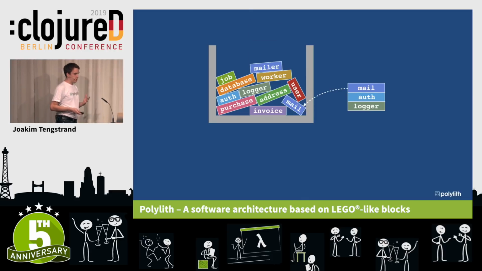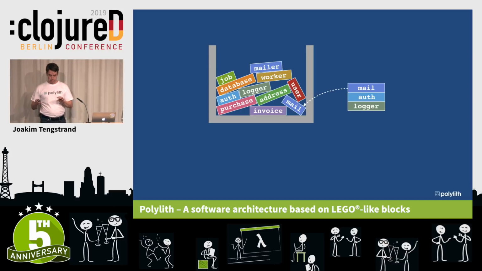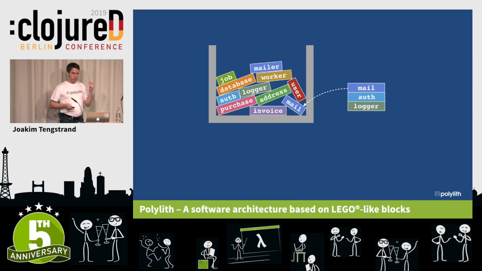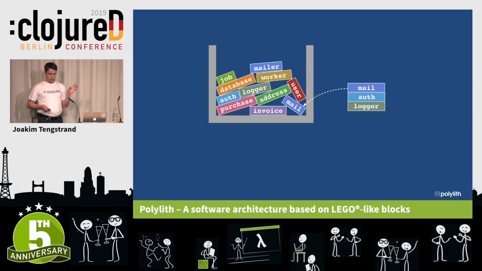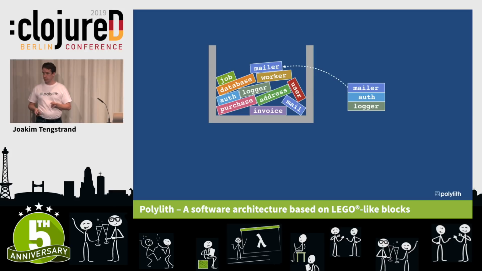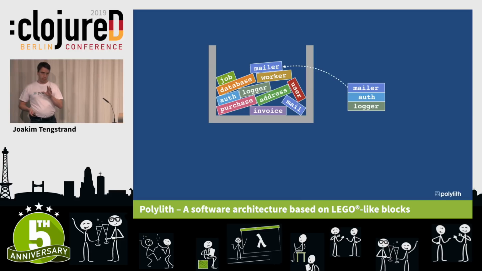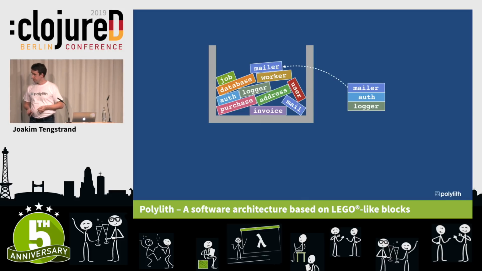The cool thing with Polylith is that this interface namespace that I talked about, we can implement in another component, like mailer here, that implements the same set of functions in that interface. Because of that, we can just swap the implementation without affecting the service at all. The service just communicates with that interface anyway. Now we have swapped the component, and everything just works.